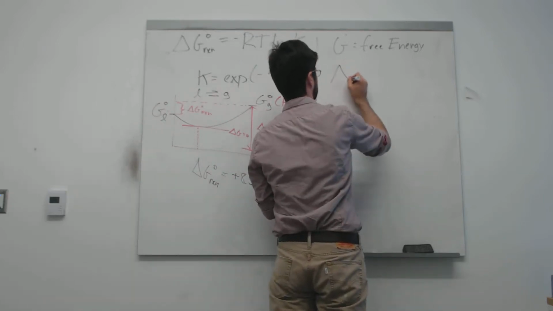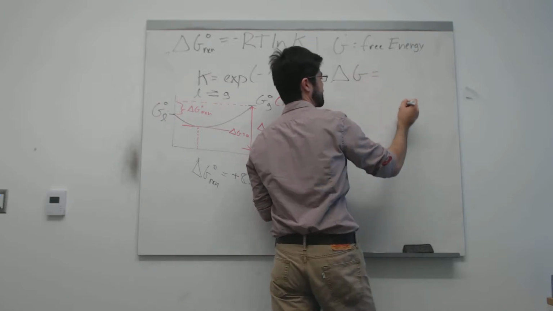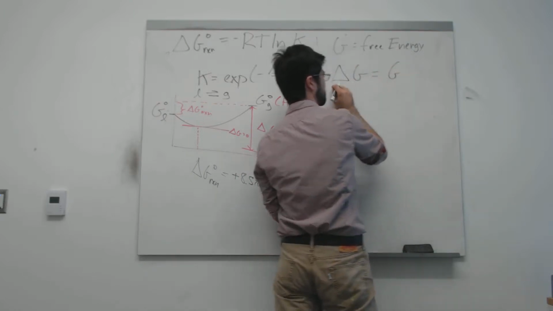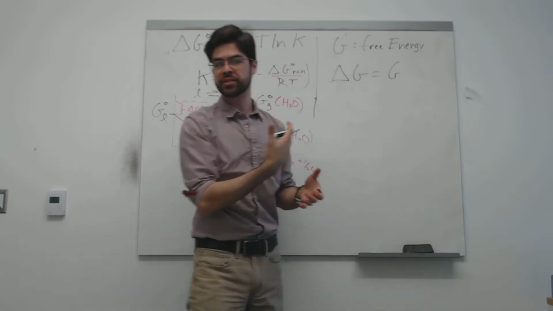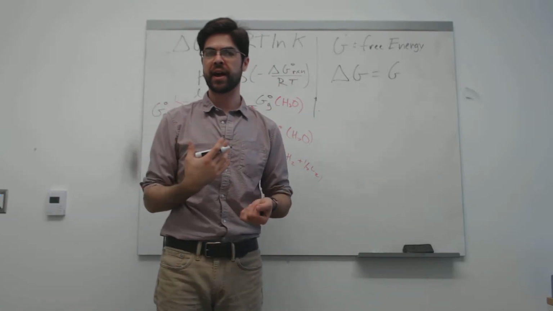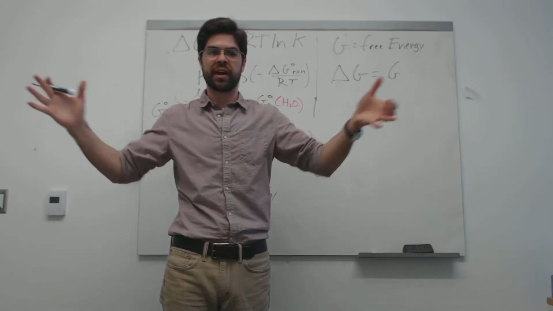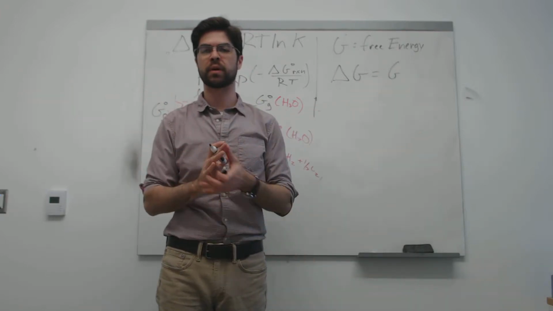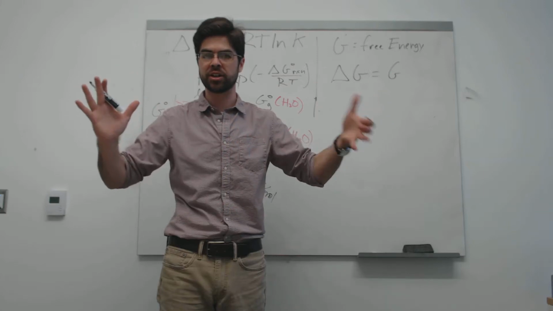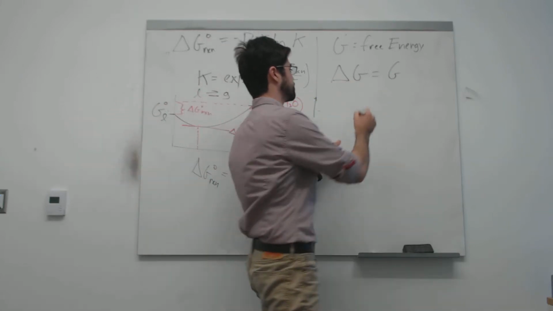Delta G refers to a process. It could be a chemical reaction, a physical process, a substance spreading out, a gas spreading and filling its container, but some change that occurs.